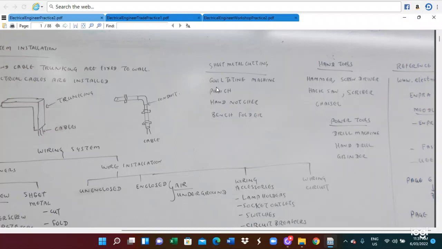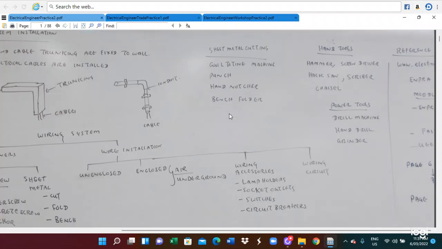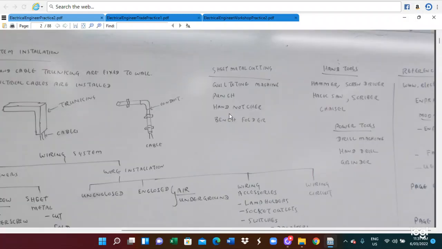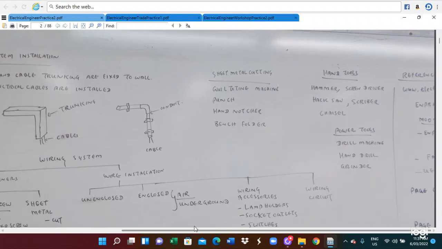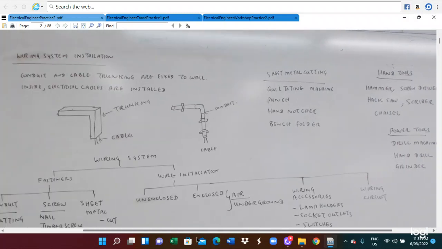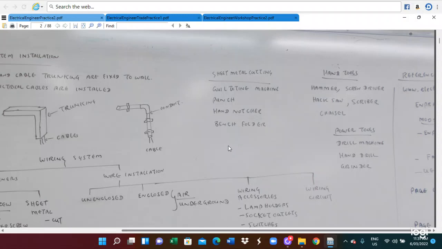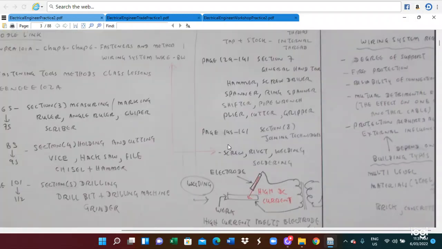Sheet metal cutting includes using the guillotine machine to cut large sheet metal parts, and we have to punch the sheet metal by metal punch, and also use the hand notcher and the bend folder. Those are the devices to form the sheet metal work. So this is how the wiring system includes the wiring trunking system. Those are the devices used in the wiring system.